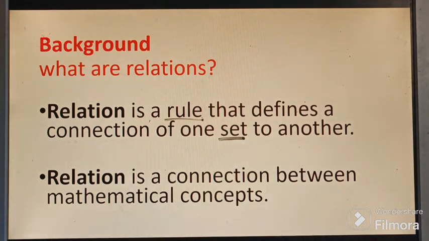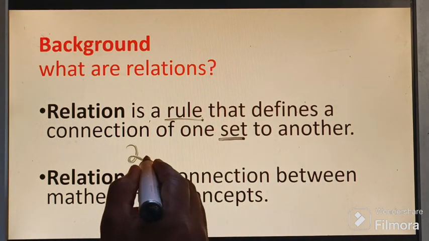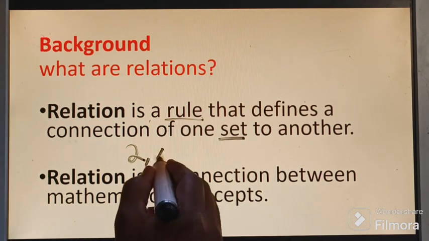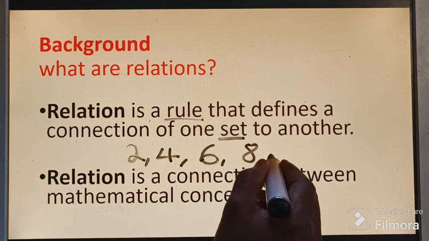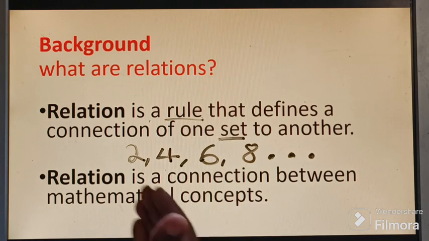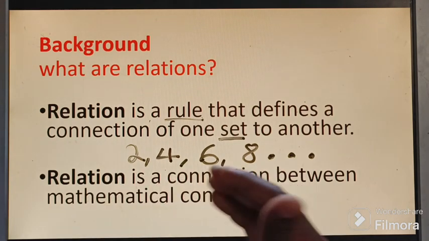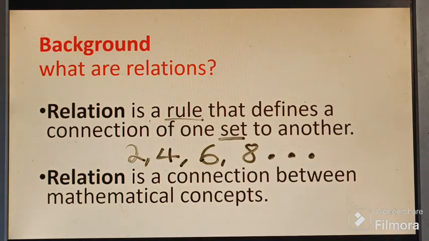Now, rule, when we were learning number sequences, for example, if it is the number sequence 2, 4, 6, 8. If you have this sequence and we ask what is the rule that this sequence is following, how are we able to find the next term?